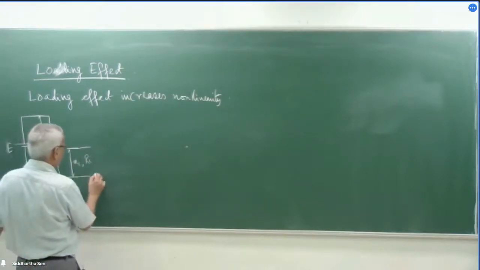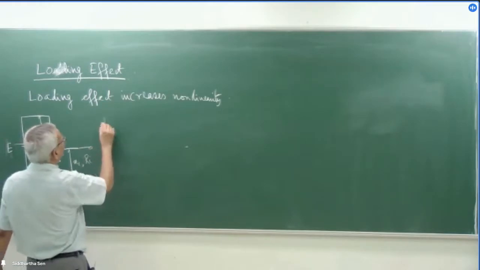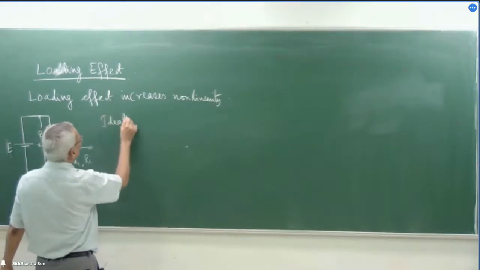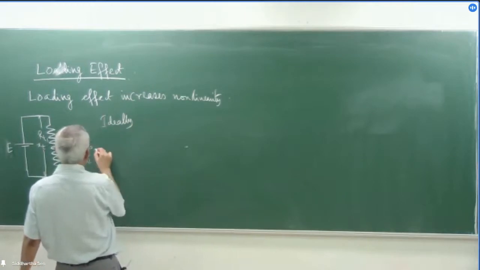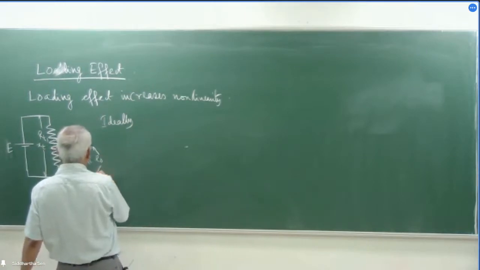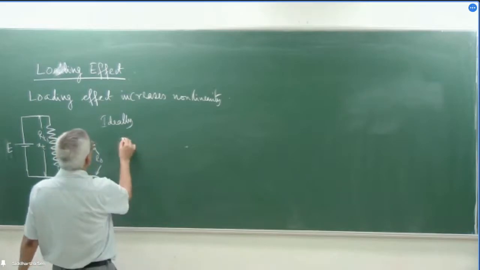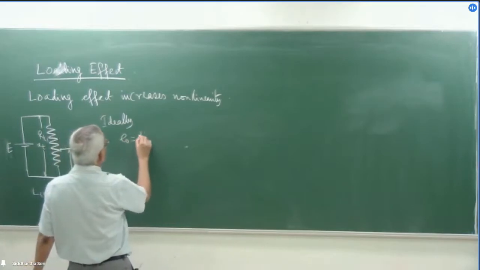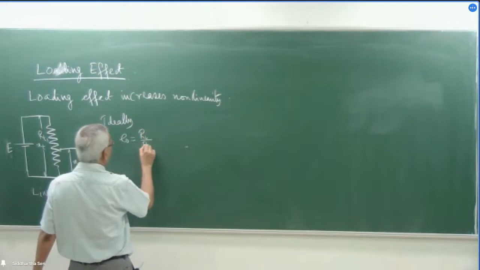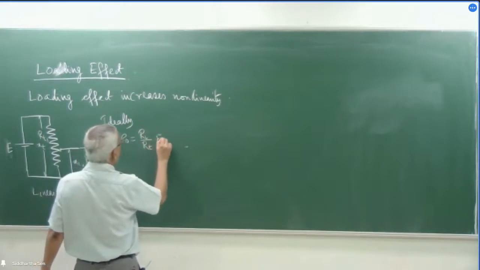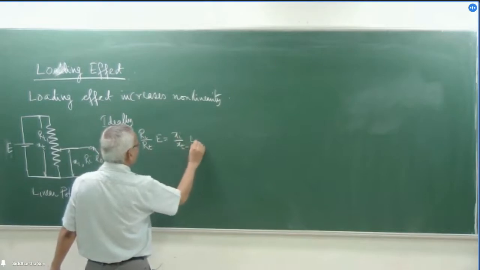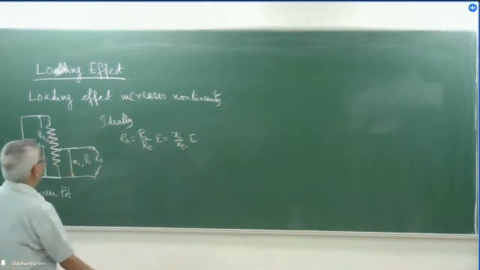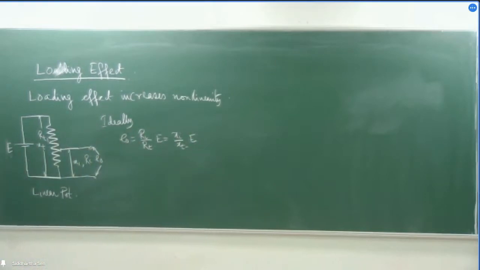So we know that ideally the output voltage E0, if we measure it, is E0 equal to Ri by Rt into capital E, or we can say it is Xi by Xt into capital E. So it is totally linear.